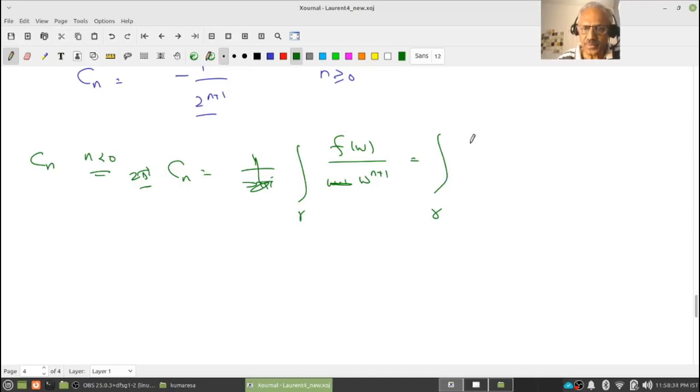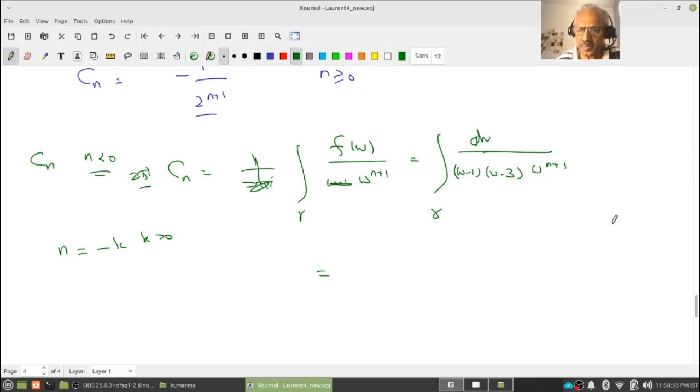So f of w is 1 by w minus 1, w minus 2 into w power n plus 1. Okay, n is negative, therefore let me put n equal to minus k, k positive, right? Therefore this is going to be dw.